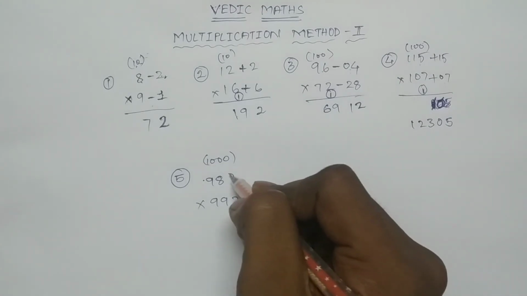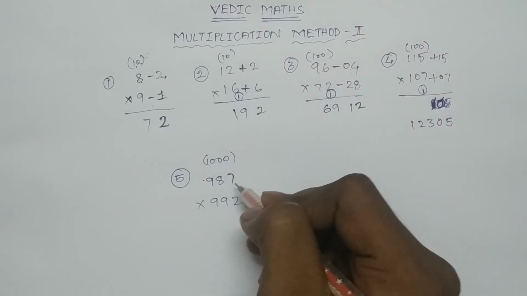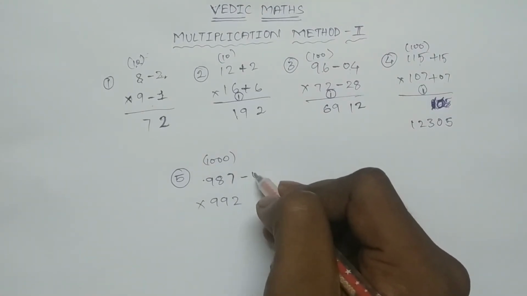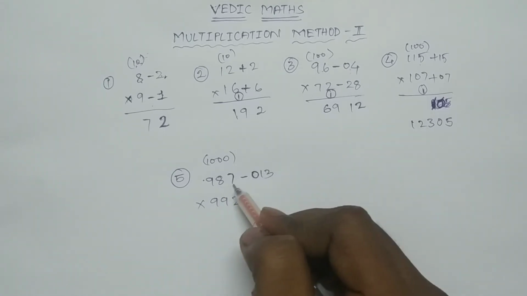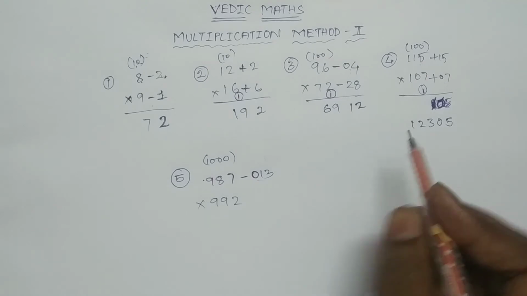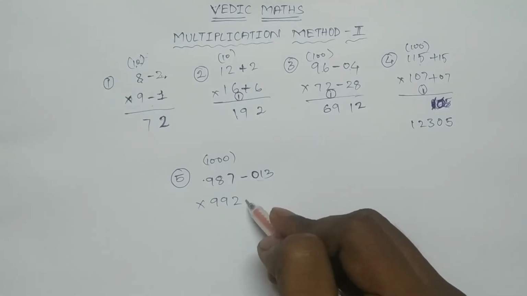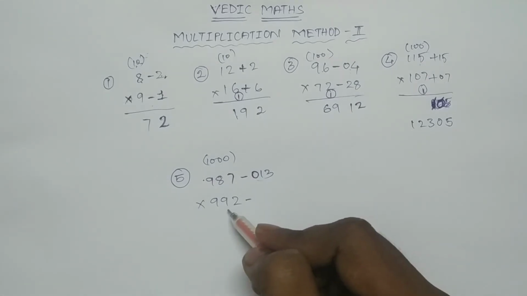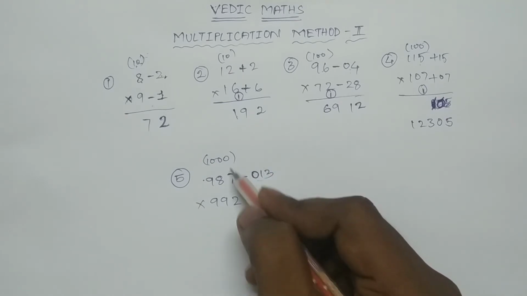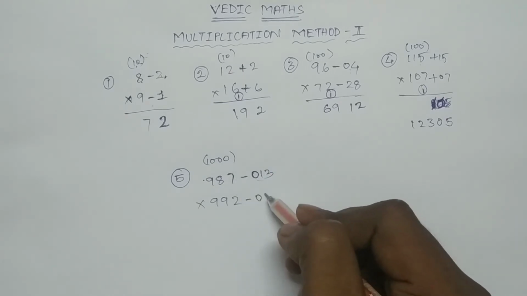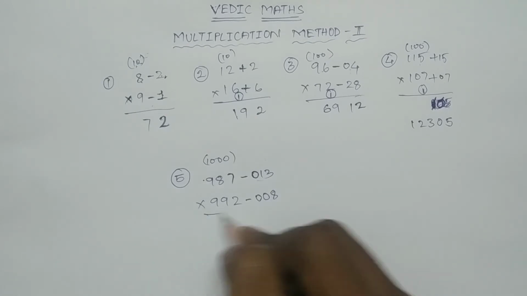If I compare with 1000, 987 is 13 less than 1000, so I am writing 013. It is a 3-digit number, so it must be 3 digits, right? And 992, if I compare with 1000, is 8 less than 1000, so I am writing 008.